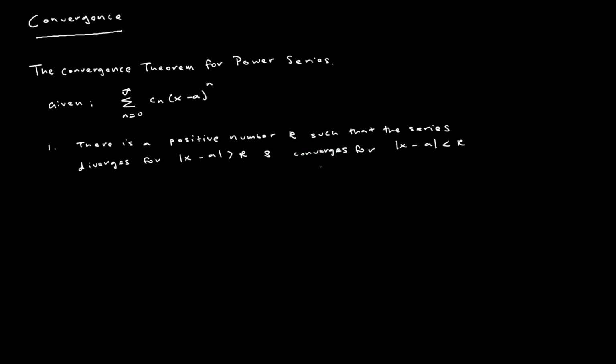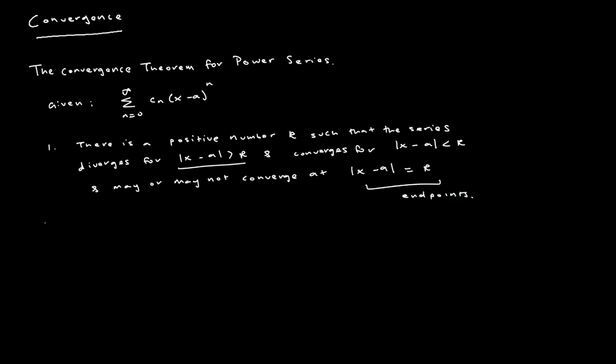So I'll explain what this means later. So diverges for |x minus a| greater than r, converges for |x minus a| less than r, and may or may not converge at the equality points. And these equality points are known as endpoints. So that's the first case, and I'll explain it in further detail.